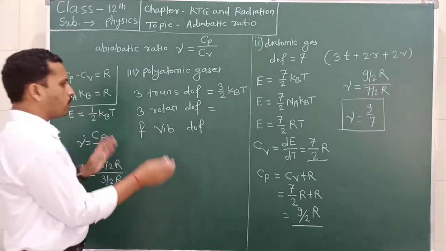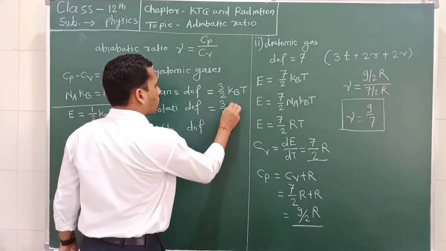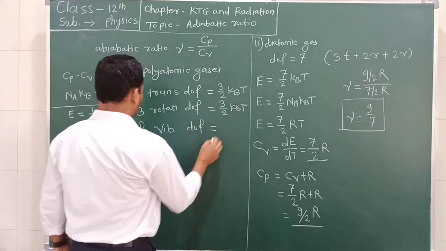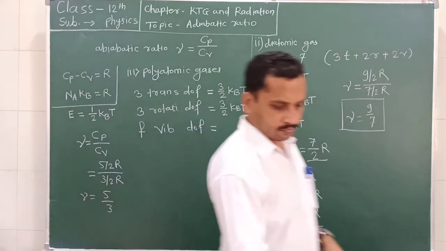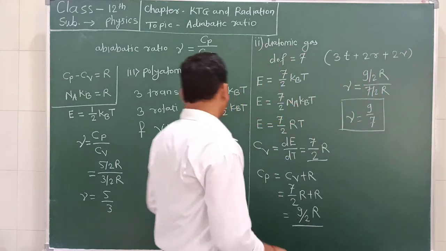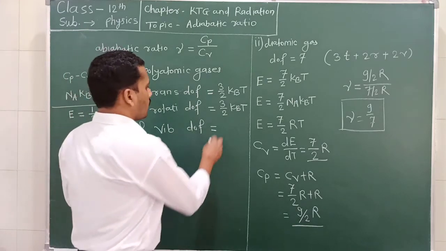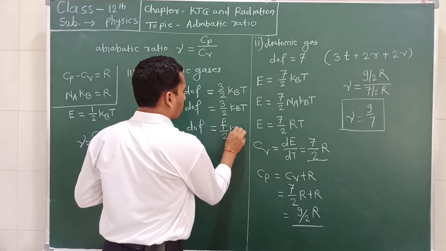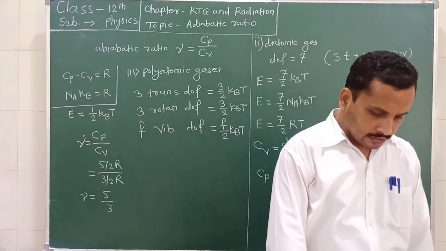In the case of rotational degrees of freedom, it is also equal to 3 by 2 kBT, and for the F vibrational degrees of freedom, it is equal to F by 2 into kBT.